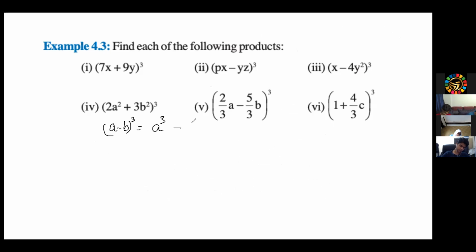A cube minus 3AB, so here your A is x and B is 4y square. Okay. Give me the answer for this question. I'll wait. Last step for this. Solving it, na? You're doing this only, na? Third question. Solve it and give me the answer.